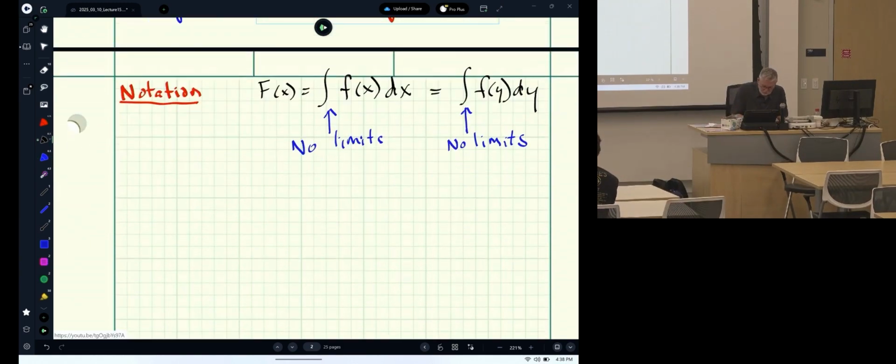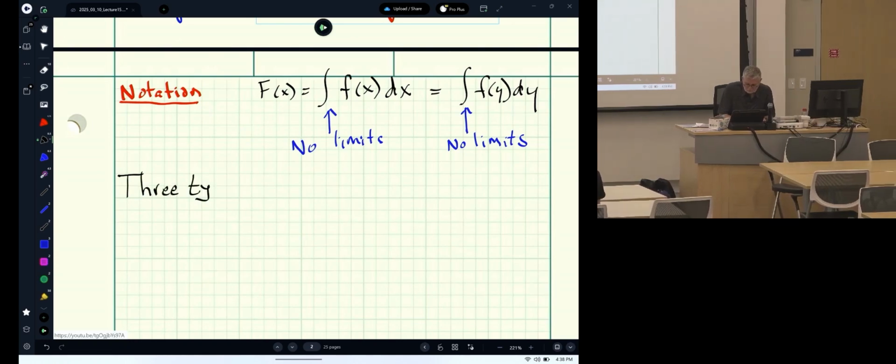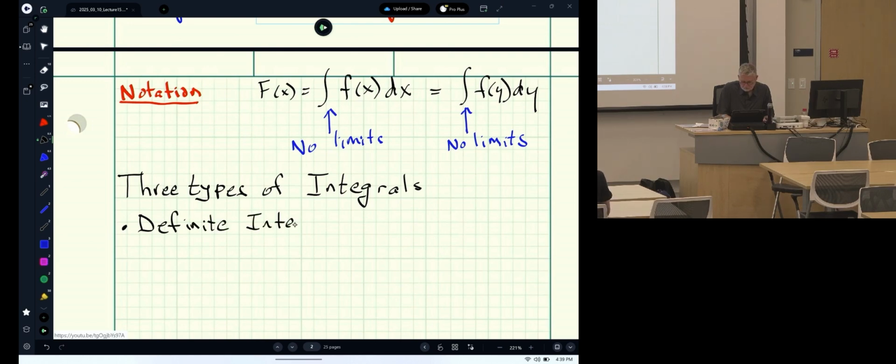So we have 3 types of integrals so far. We started out with our definite Riemann integral. And then a and b are fixed numbers, like 3 to 27 of f of x dx.